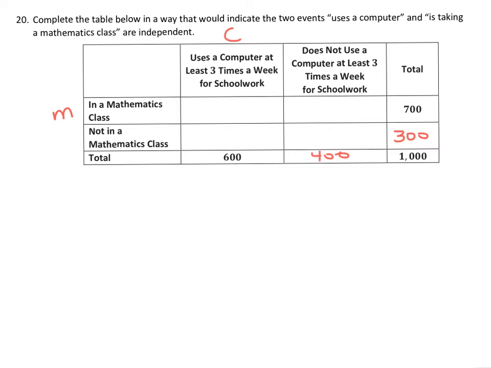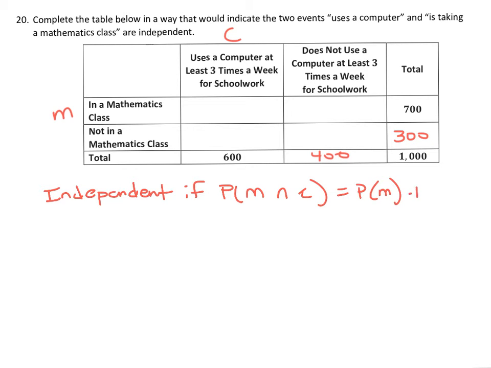Well, let's think about our rule. Let's use the same rule we've been using. We know that the two events are independent if, and let's just state the rule, the probability of M and C equals the probability of M times the probability of C. Okay, so we know these two events are independent if this rule holds.